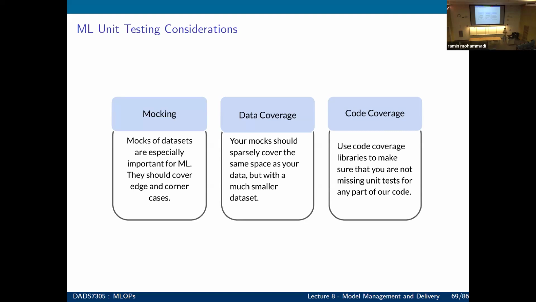If you have a feature space that looks like this, don't just sample from here. Pick from here, the edge cases, and then maybe a couple of these. So a smaller data test which can cover the edge cases that you expect to see. For code coverage, also be sure that you check all the compatibility between the libraries that you are using, the versioning and stuff like that.